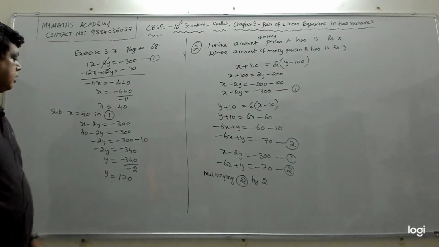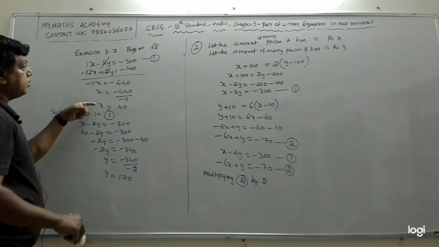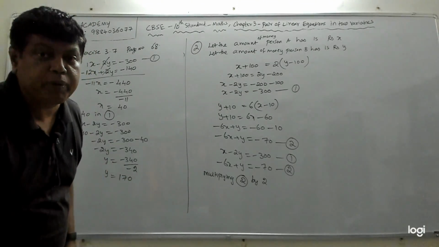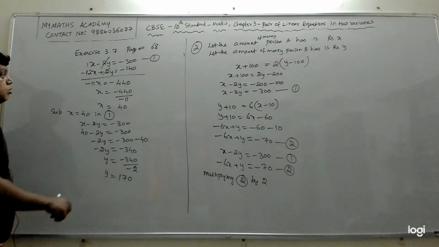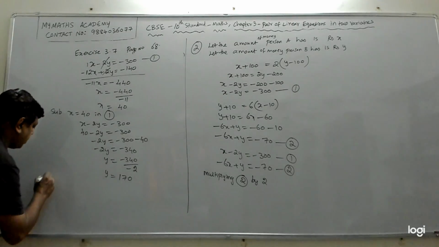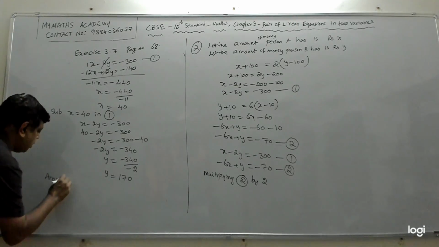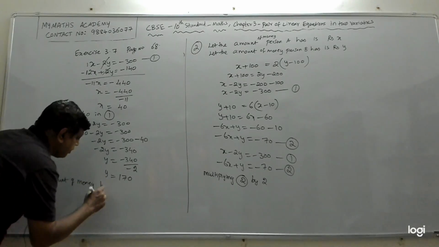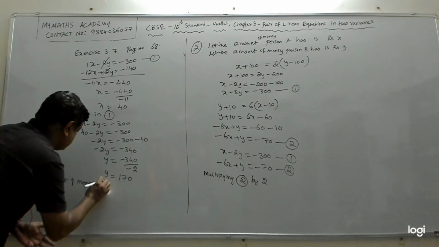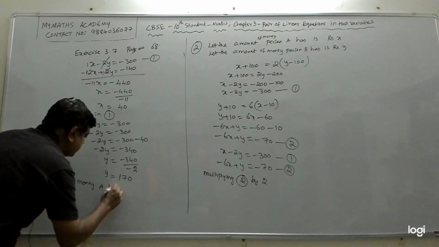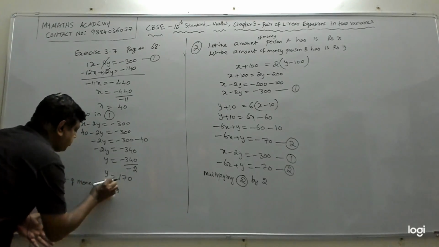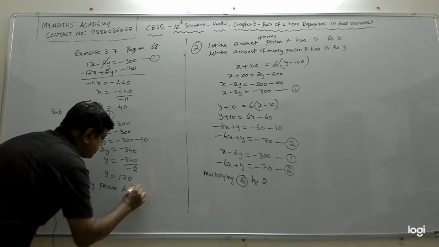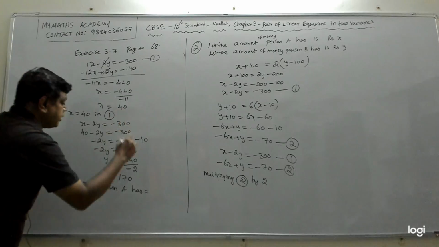Right? So now how much money person A has? Rupees x. Person B has rupees y. So we will say amount of money person A has is how much? 40, rupees 40.